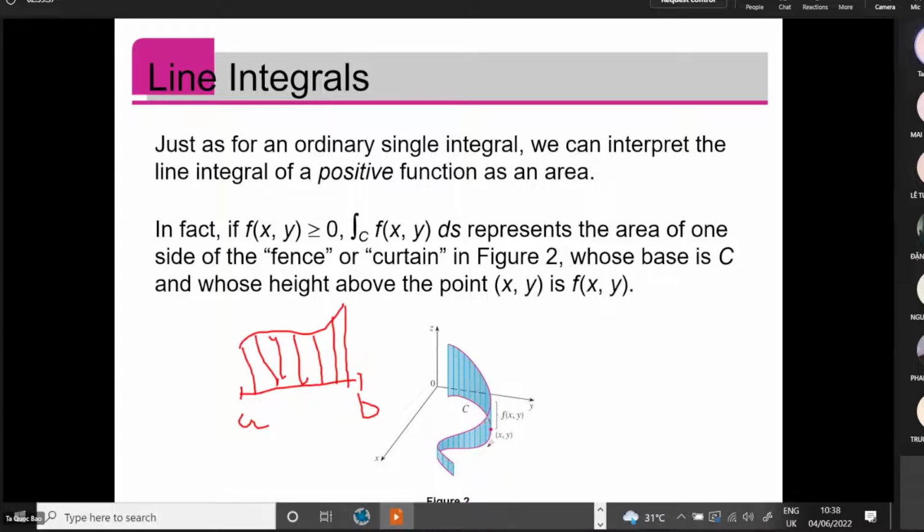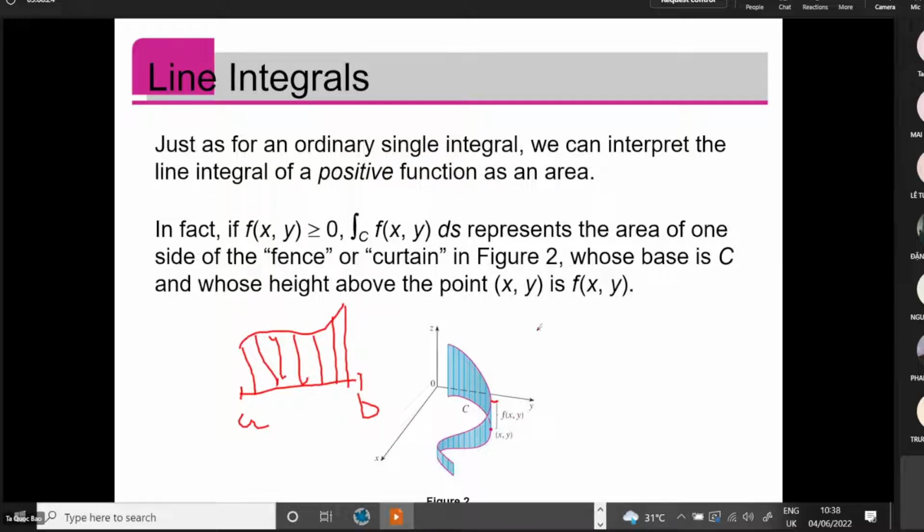And we have the distance between the upper point x and y on the curve C and the surface f(x, y).